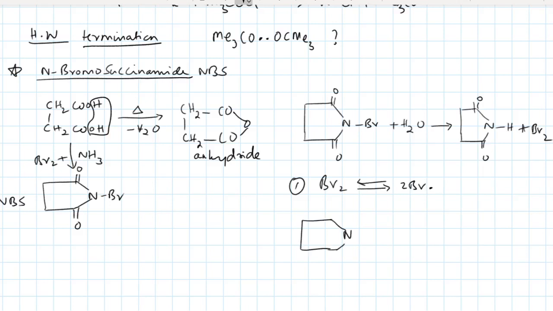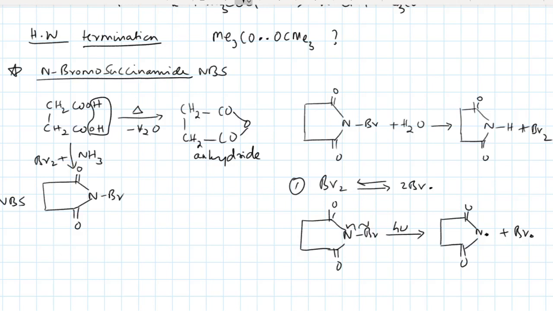Drawing the structure of NBS every time will be a little bit irritating, but never mind. When this Br attacks the NBr, we can also take it as a chain initiation step, where the free radical produced will be like this, N dot plus Br dot.